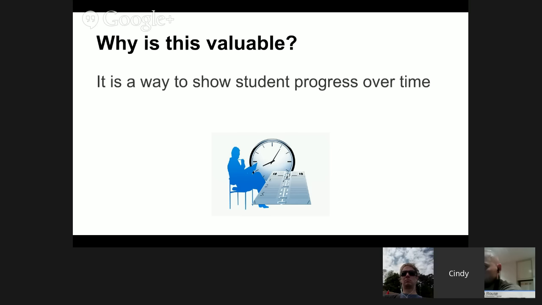And I know that's a key area that a lot of government inspections here in the UK want to see to get an excellent. And through the Google Drive, that was a key feature that we could show the student's progress over time, not only to a government inspector, but also to a parent or to a university.